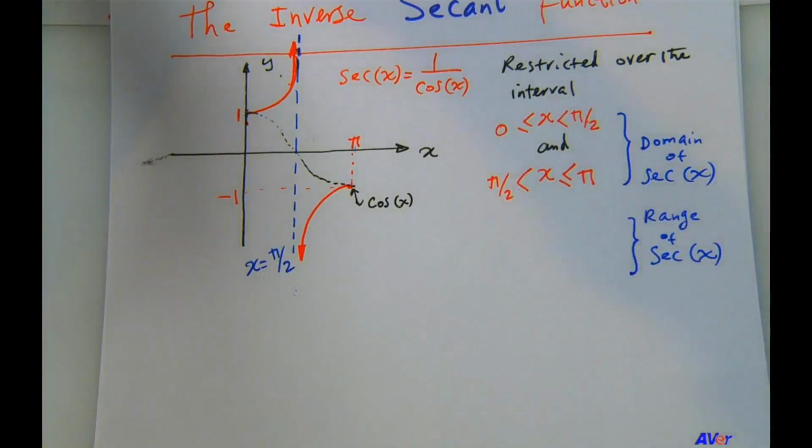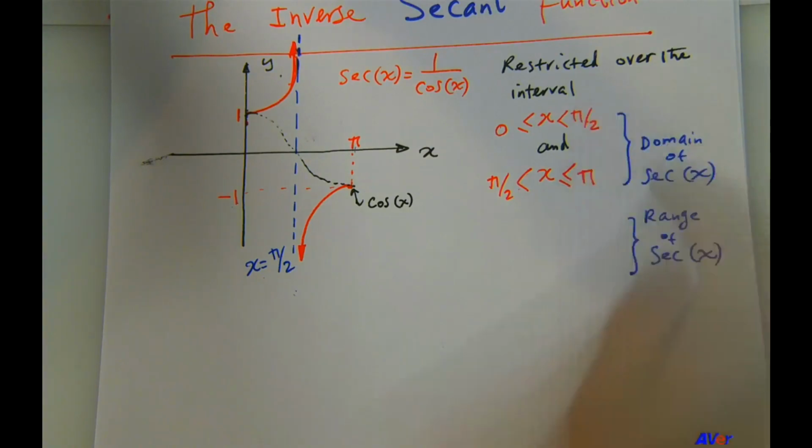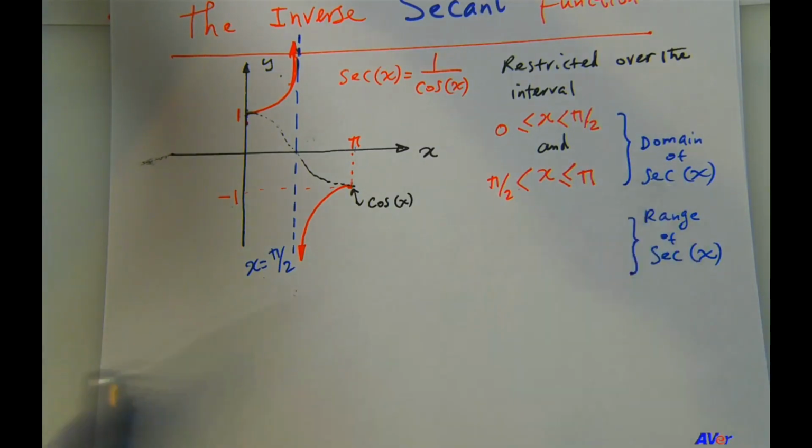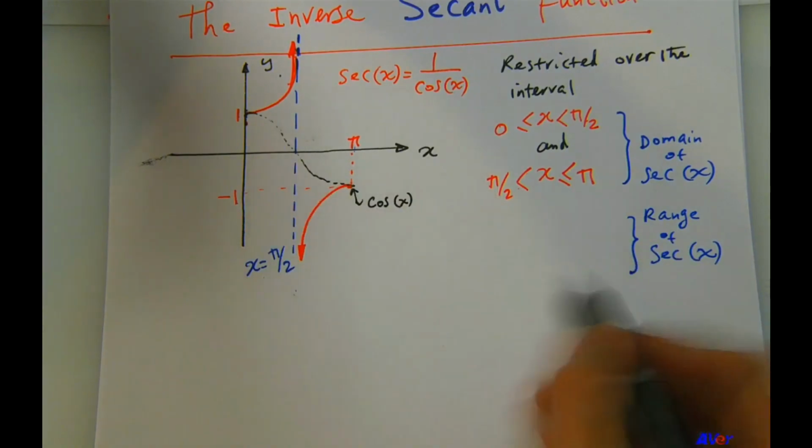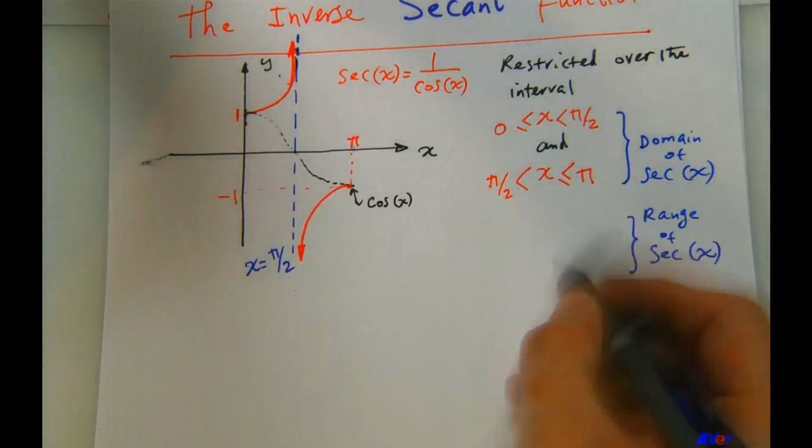Why? Because when we write down the domain and range for the inverse secant function, we're going to swap these, right? We're going to swap these to get the domain and range for the inverse secant function. That's why we care what these are. And so the range would be, let's write that down.